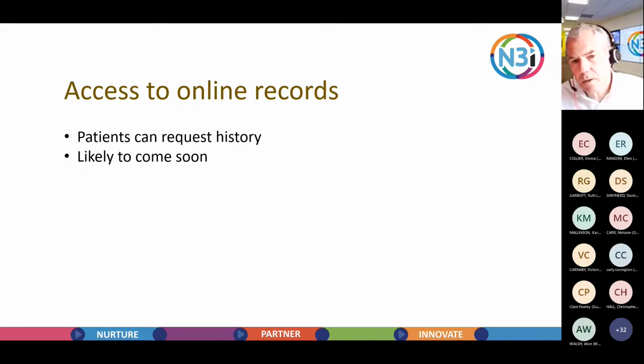So it's potentially going to come soon that you will also have access to the history, to the full information. And logically, that would make sense. I'm not at all underestimating the amount of work that's going to create for practices. That's going to be quite a significant piece of work. But from a management of records point of view, it's quite a logical thing to do.